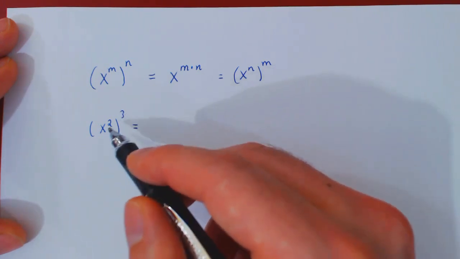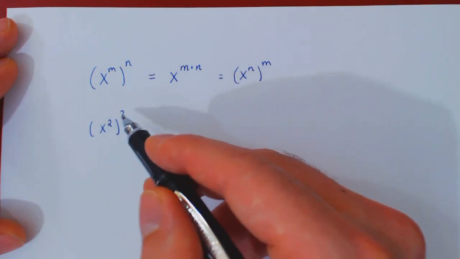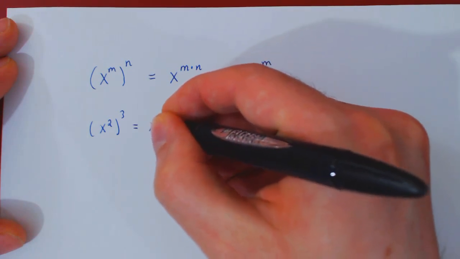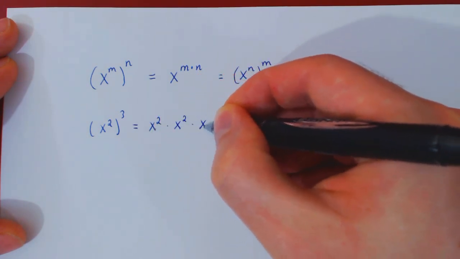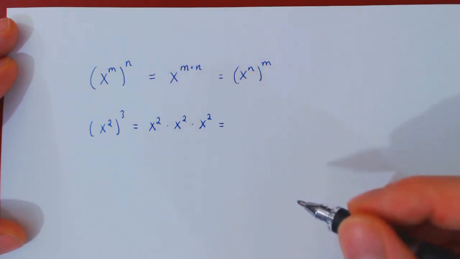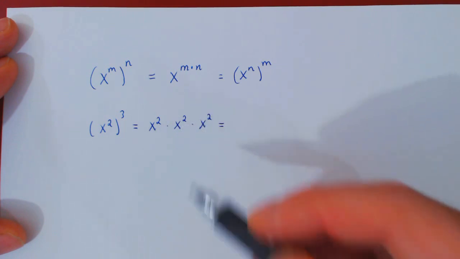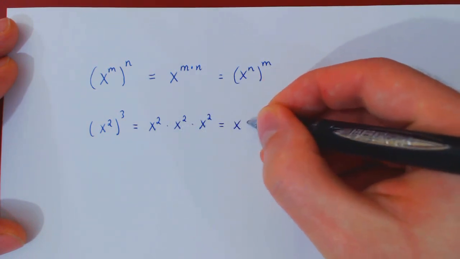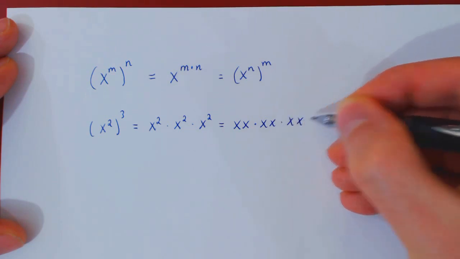So we are cubing x squared, which means by definition we are multiplying x squared with itself 3 times. So this is x squared times x squared times x squared. And if we repeat one more time, expanding each x squared as x times x, then we have xx times xx times xx.